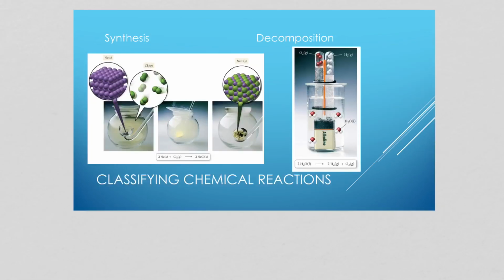So we can look at a couple examples of this. Combination or synthesis: basically, we take 2 things to make one. Sometimes it's 3 things to make one. Could be, I suppose, 3 things to make 2 things. There are some different variations, but most commonly you'll see this kind of process. We have decomposition, which is the breakdown from a compound into its elements, or sometimes a compound into simpler compounds.